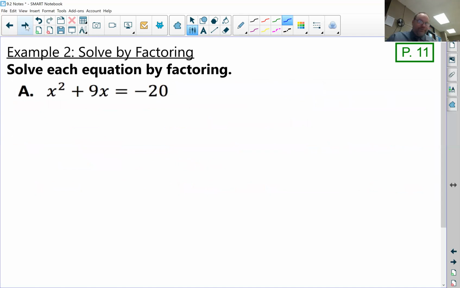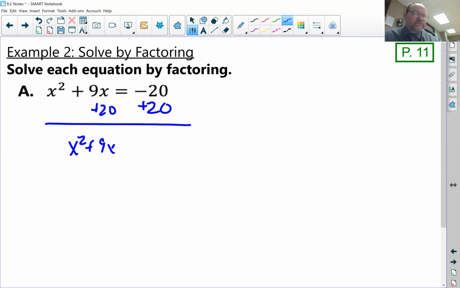All right, so first thing we need to do, get this equation equal to 0. So we have that negative 20 on the right-hand side of the equation. I would add 20 to both sides. Our x squared, we have a value of 1, so that's nice.